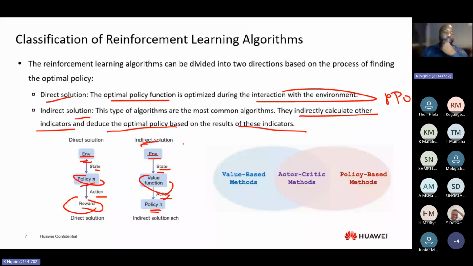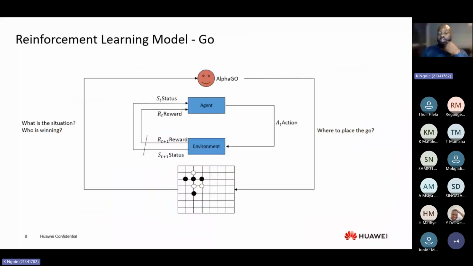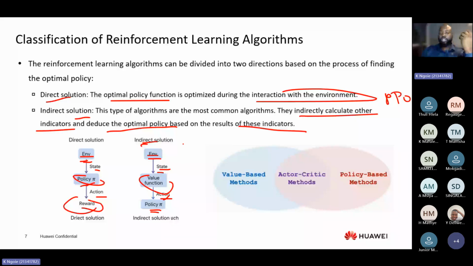That's one of the policies you can use for the direct solution, right? Now, in terms of the indirect solution, an example is Q learning. Q learning is one of the algorithms that uses the indirect solution. All right.